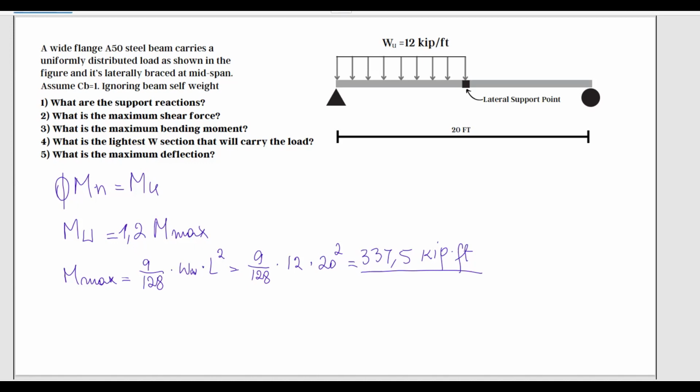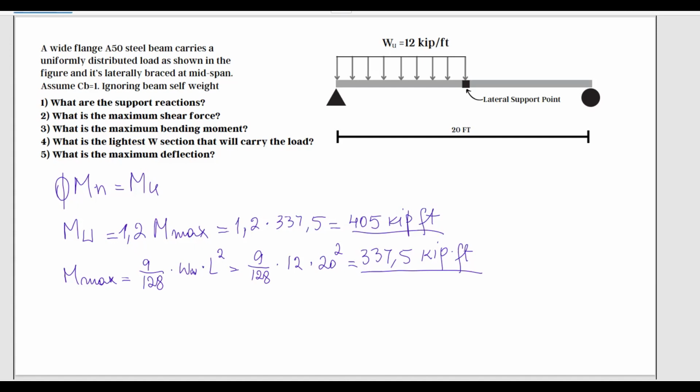Anyway, now we can calculate Mu. Mu is 1.2 multiplied by M max, which is 337.5. If you multiply, you get Mu equals 405 kip-foot.